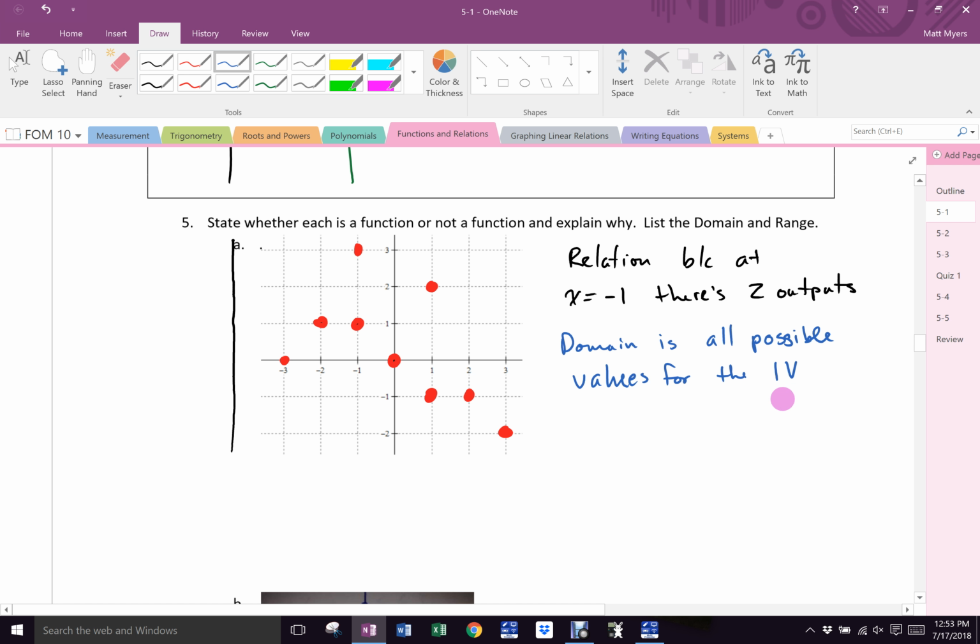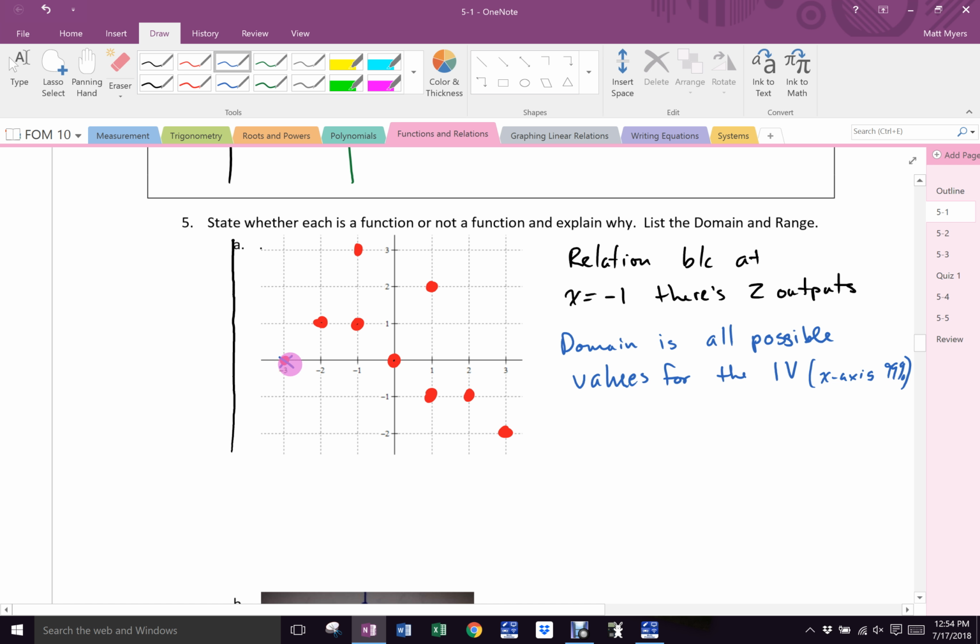Now, 99 times out of 100, where is the IV? The x-axis or the y-axis? X-axis. So it's the x-axis 99% of the time.